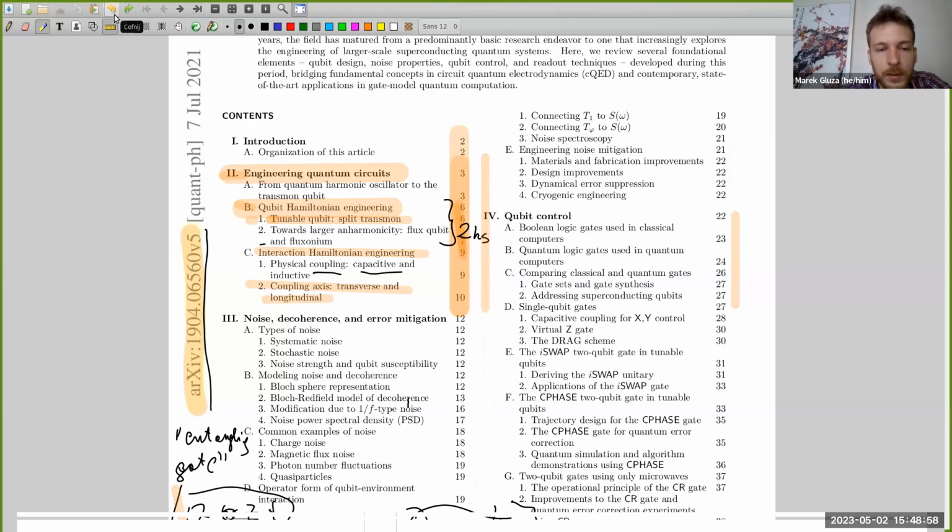Okay, so what happens next? There's quite a heavy section, and why is it heavy? Because the engineering is heavy. Why is it like so long? It's because it's important, because here you need to squeeze out every little tiny bit of coherence and performance of those qubits, because there's a lot of noise types that are making, you know, the job of building this quantum computer quite hard.